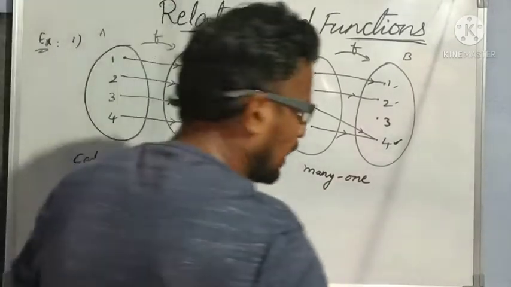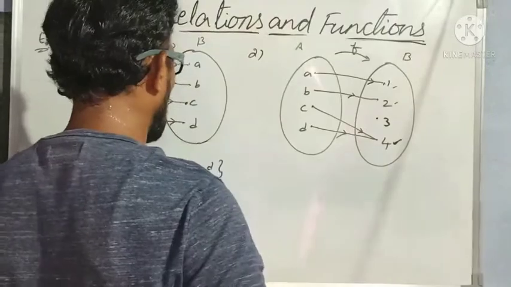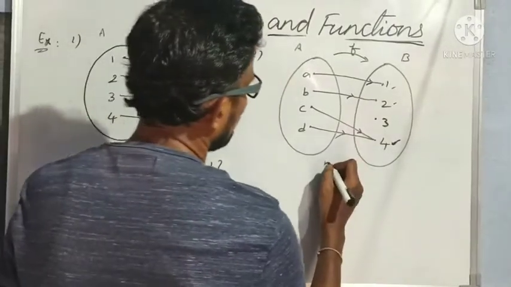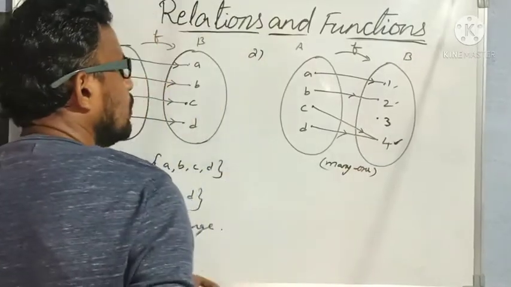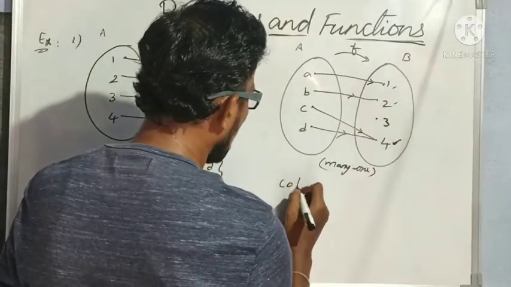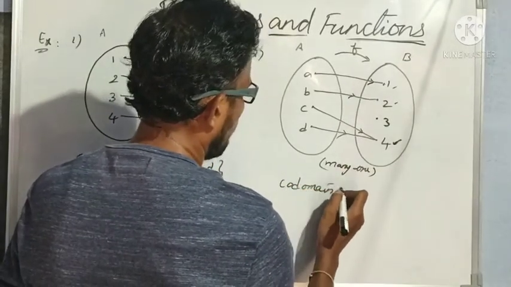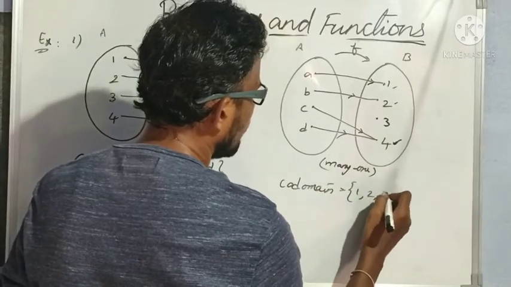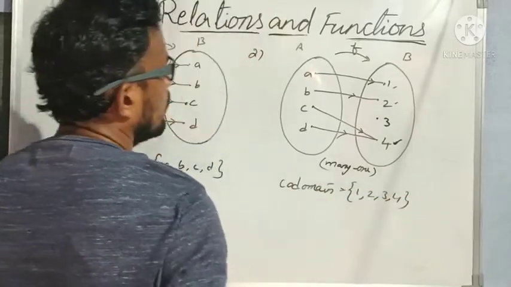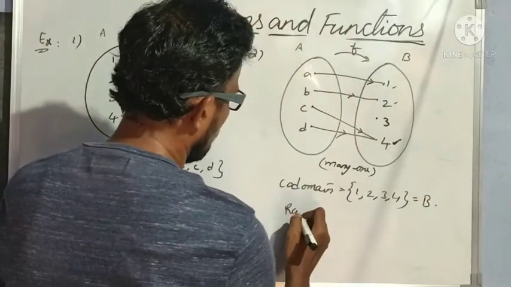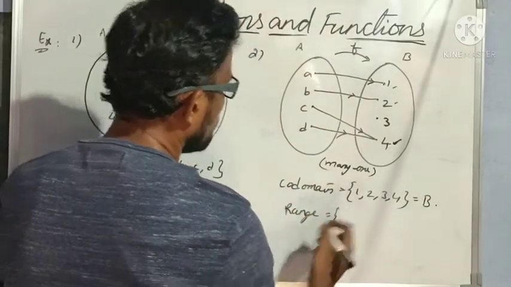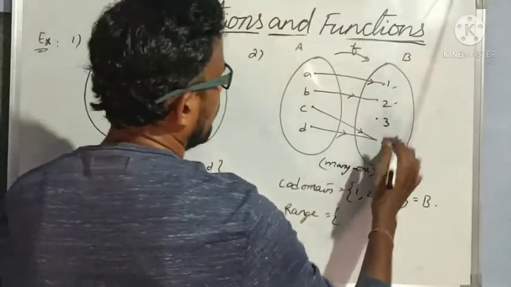Understood? Now if you observe the second function, what is its codomain? Here the codomain is the second set, that is 1, 2, 3, 4. Yes, this is set B completely. Next, range. Range means whatever elements are mapped, only those elements we should take.